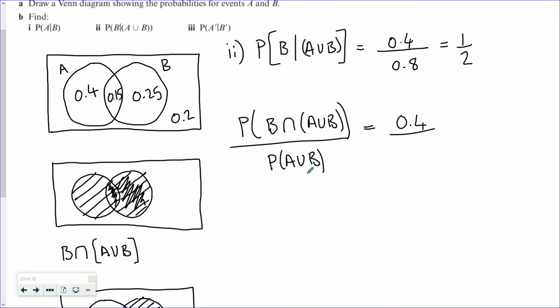And the denominator is the probability of being in the region A union B, A or B happening. Well, we know that that's 0.8. So you get the same answer as before.